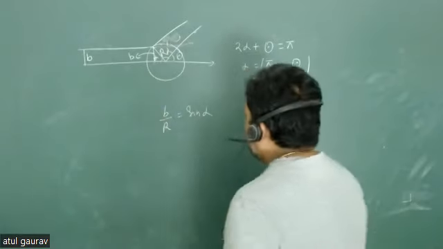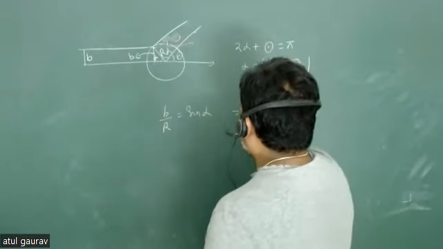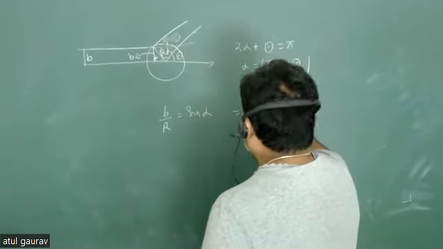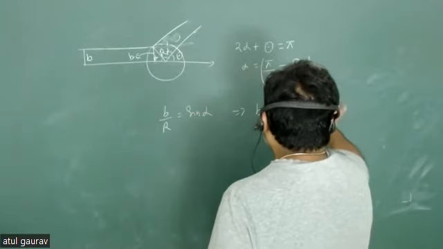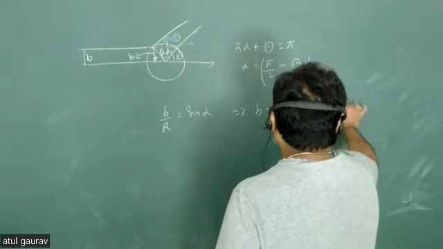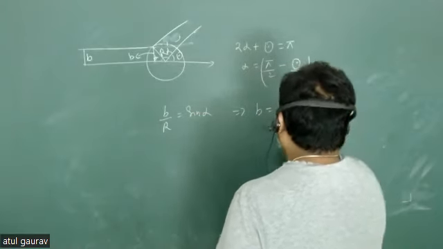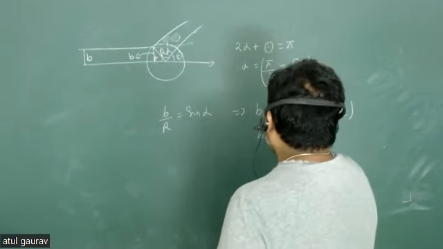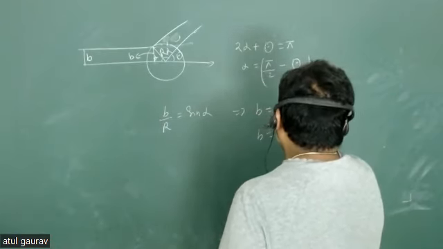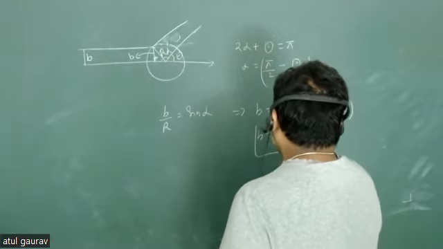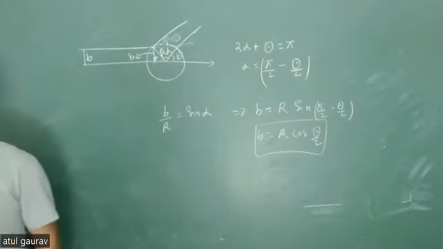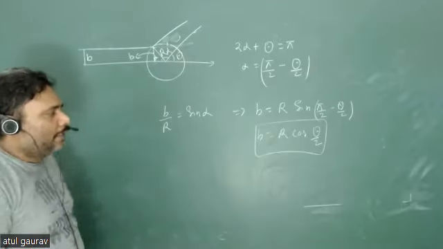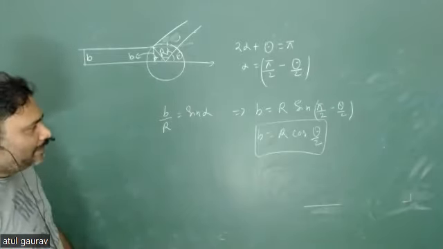So b is equal to R sine of pi by 2 minus theta by 2. So b is equal to R cos theta by 2, isn't it? Half the purpose is done.